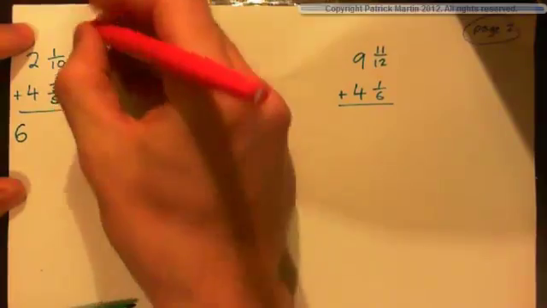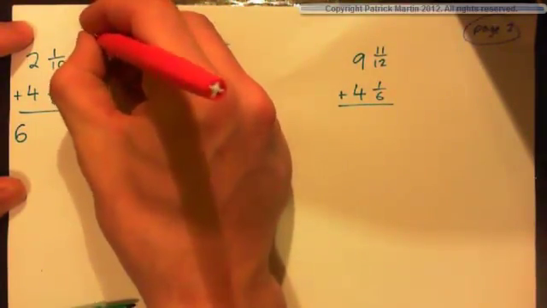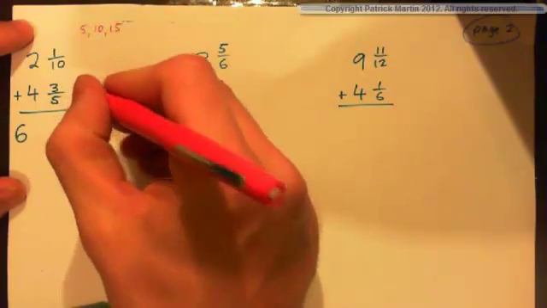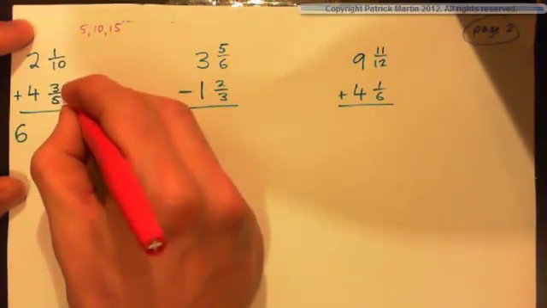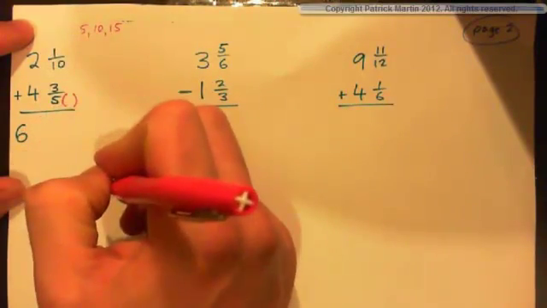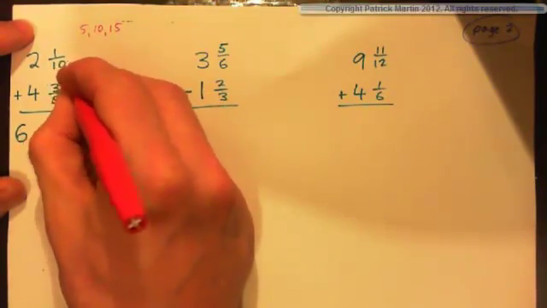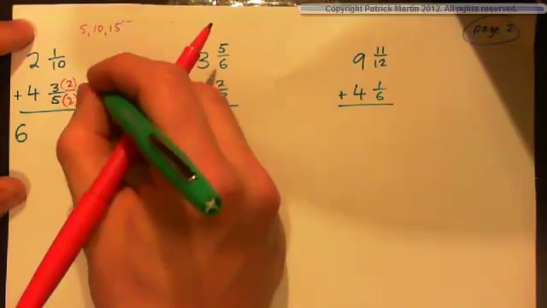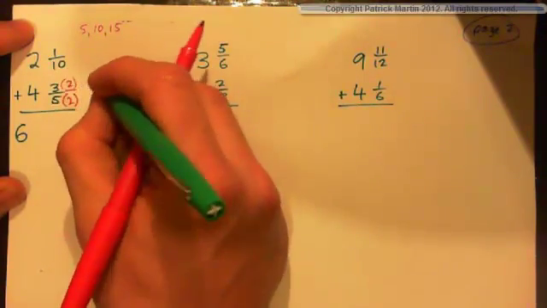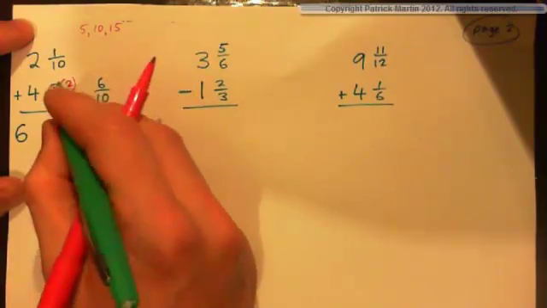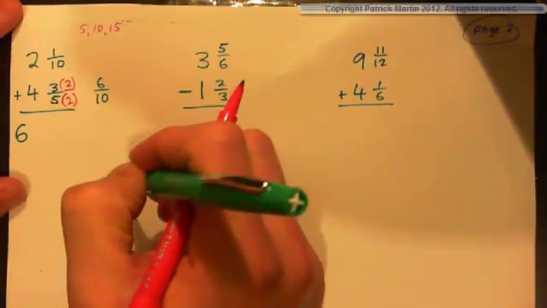Multiples of 5 are 5, 10, 15, and so on. So 10 is a multiple of 5. What do I multiply this by to turn it into 10? Well, 2. So I've got to multiply this by 2 over 2. 3 times 2 is 6, 5 times 2 is 10. So instead of 3/5, it becomes 6/10.